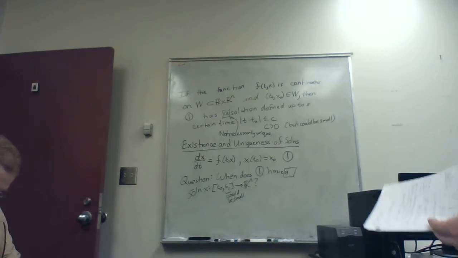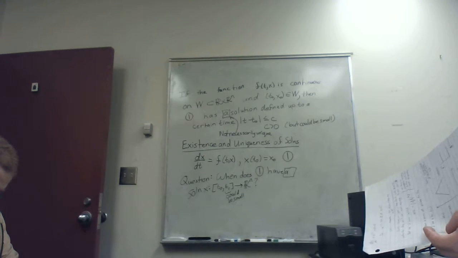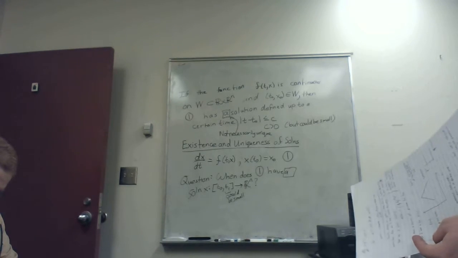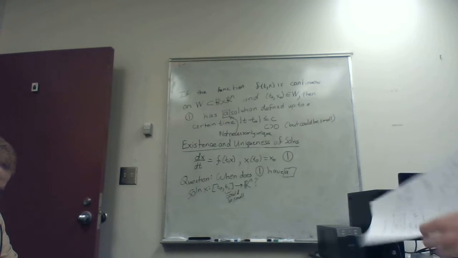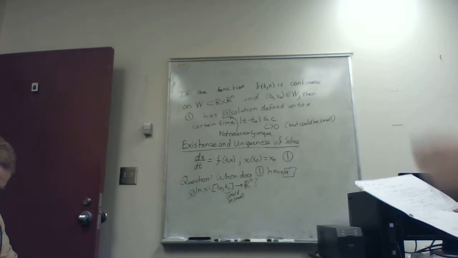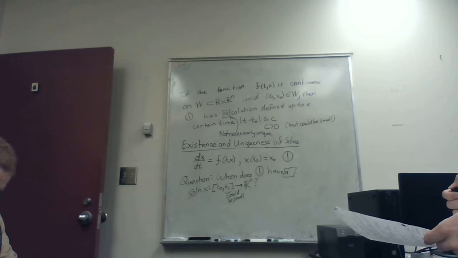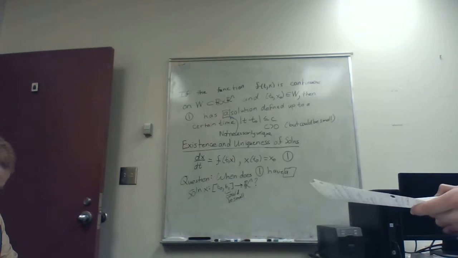So clearly that's not really what we want. We want it to be unique, and we want it to go on and on, instead of making the state unbounded before later times. Any question on this so far?